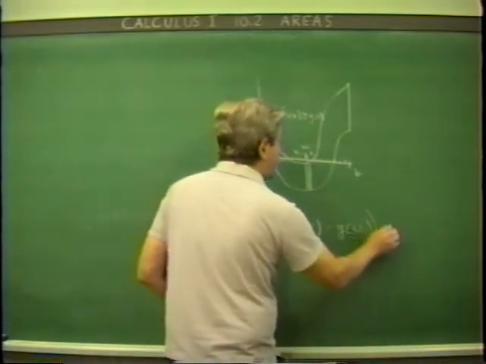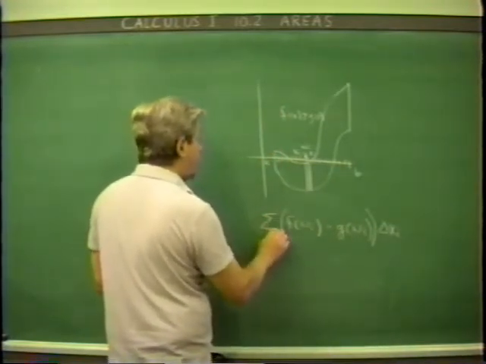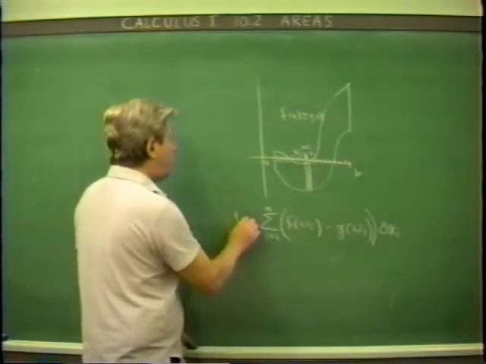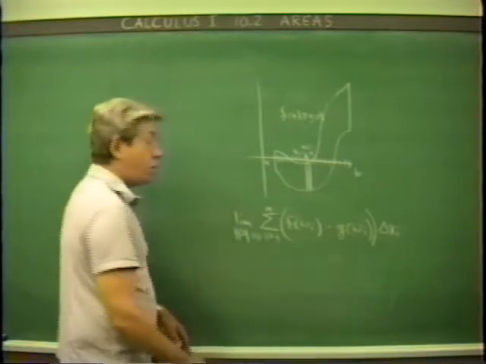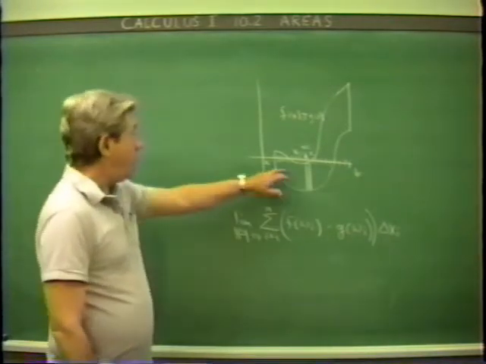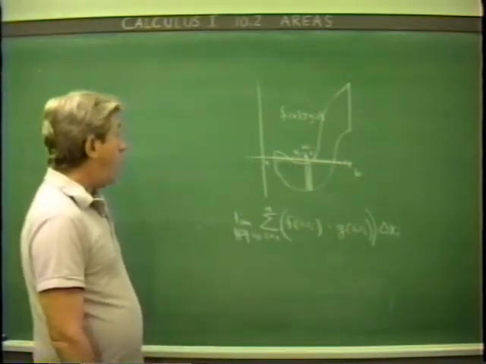The width of the interval is going to be delta xi. And if we wanted an approximation here, we want to sum this up, i equals 1 through n, over the partition. And if we wanted the approximation to get better, we want to take the limit as the norm of the partition approaches 0. And this should give us the area between the function f of x and the function g of x.